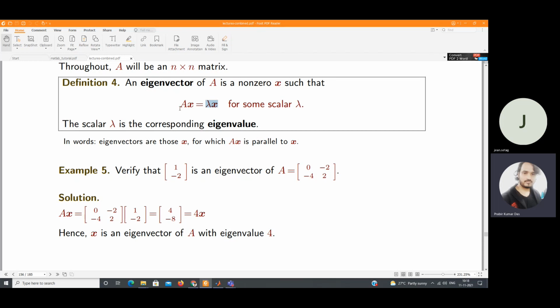Now if we only concentrate on the determinant of A minus lambda into I, and solve it, it will give us an equation. The degree of that equation will be the order of this matrix.